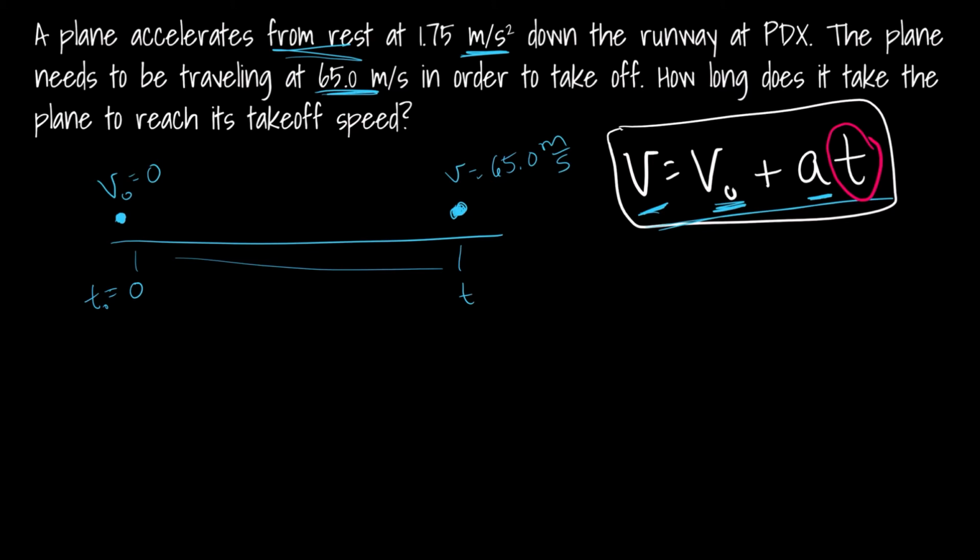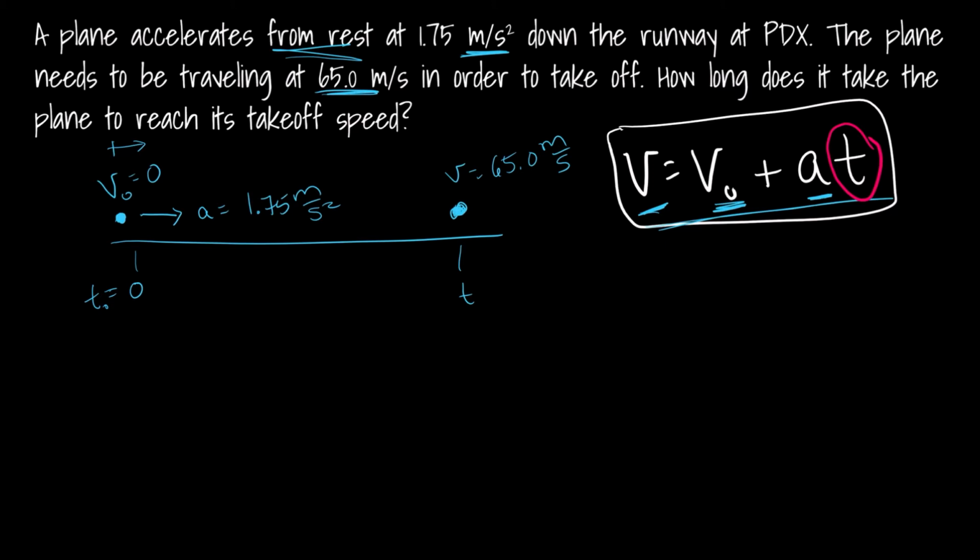We know one other piece of information: the acceleration of the plane is 1.75 meters per second squared. We've set our positive direction to be to the right in this reference frame. So there's our setup.